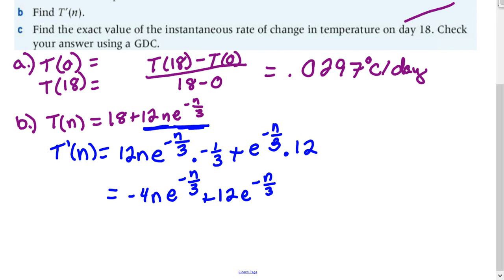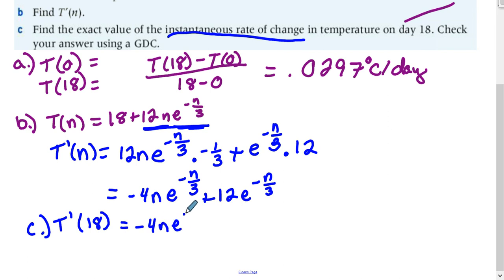Sorry about that. And then I want to find the exact value of the instantaneous rate of change. So always looking for which word it is they want. So instantaneous rate of change on day 18 means I need to calculate T prime of 18. So type this all into your calculator with the 18 in there.